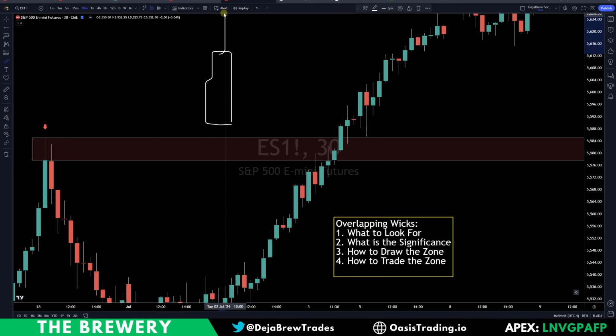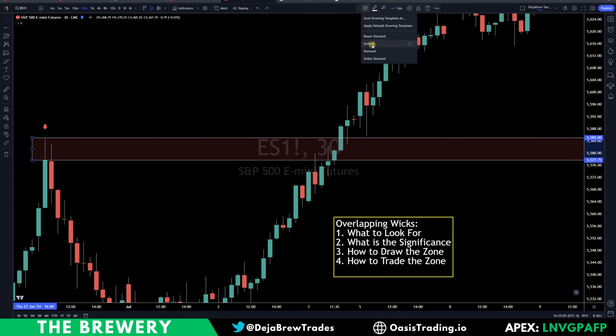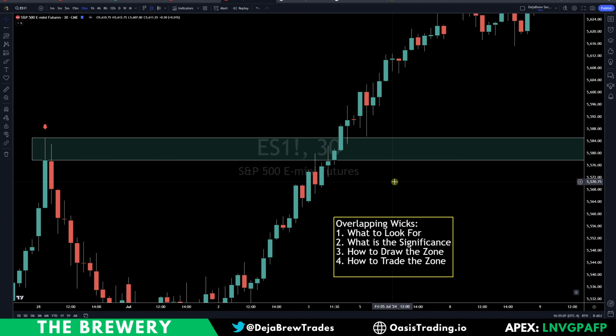We don't want to see very long wicks on the top or the bottom. We want to see a strong body candle with very little to no wicks. So when we see that candle come in, we can say this zone is now broken. And what we can do is flip this zone into being a buy zone.